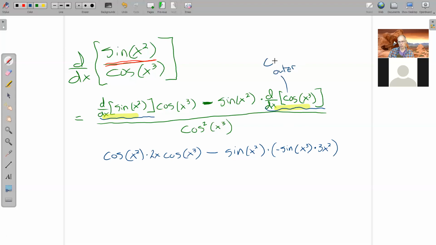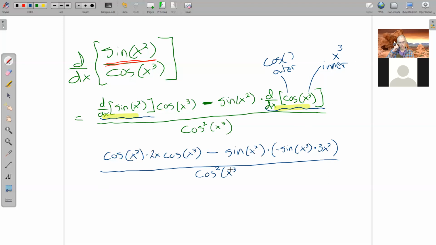The outer function here is cosine of whatever, and then what is the inner function? And that's just x cubed. So first take the derivative of cosine, which is negative sine, and then leave whatever it had there. Then multiply by the derivative of the inner, which is 3x squared. All of that is over cosine squared of x cubed.